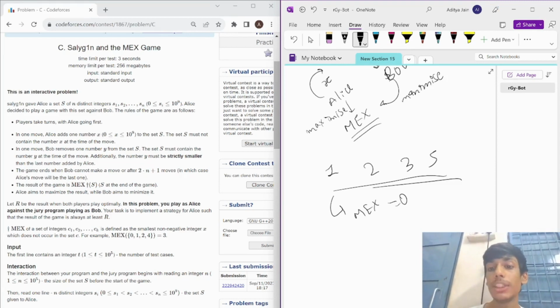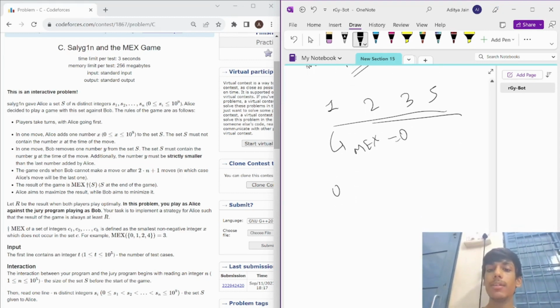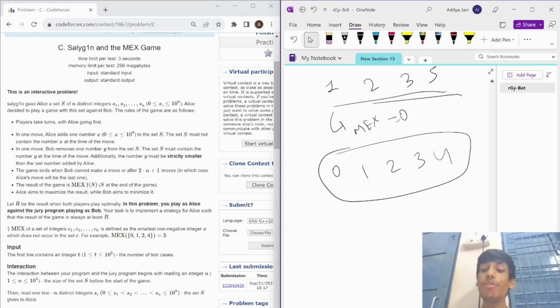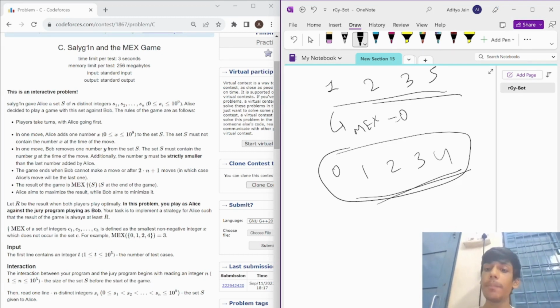If you have an array like 0, 1, 2, 3, 4, what is the max of this array? The max is going to be 5, because all the non-negative integers which are less than 5 are present in this array, but 5 is not present. So 5 is the smallest non-negative integer which is not present in this array. So its max is going to be 5.